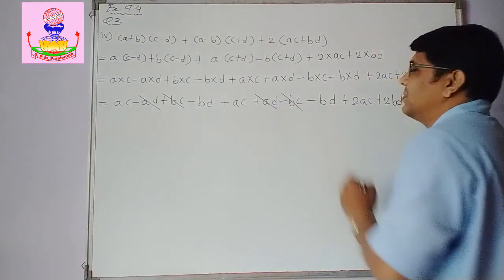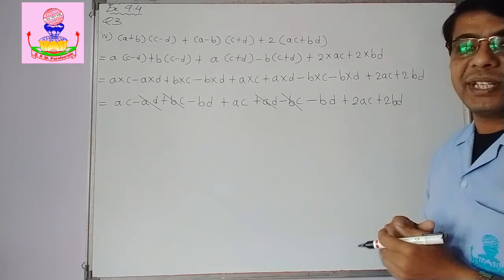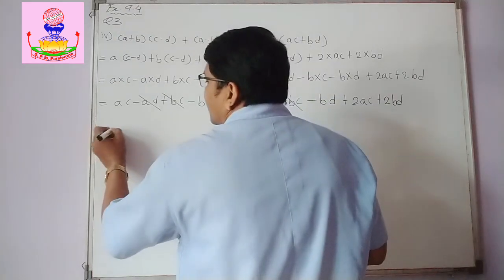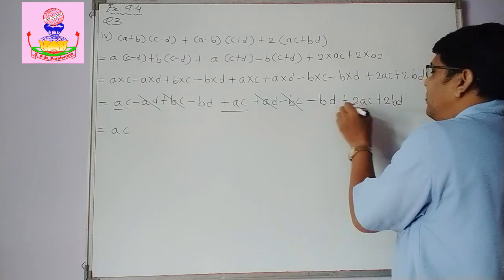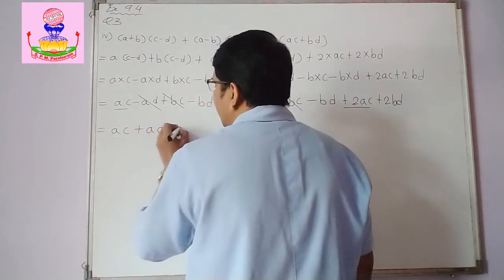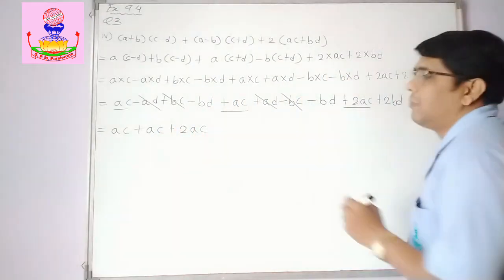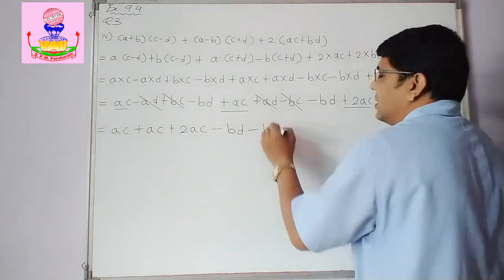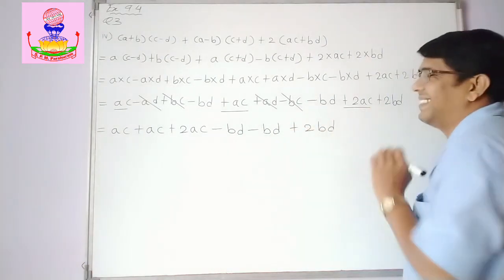Then plus BC minus BC cancelled. Now the rest of the terms are not cancelable. So we can bring them together. So this is AC, you can underline, plus AC and plus 2AC. Okay, so we will bring them together, plus AC plus 2AC. Do you get it? Now left is what? This is minus BD. Again this is minus BD and this is plus 2BD.